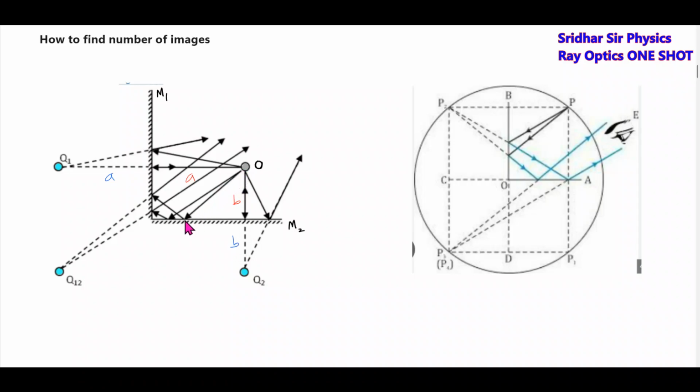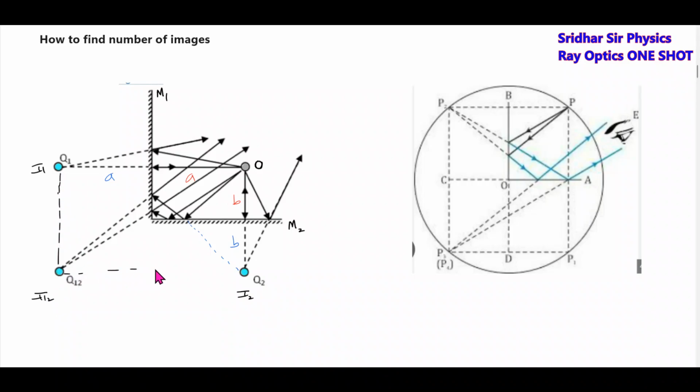First it will strike mirror M2, then it will get deflected from here, then will be incident on mirror M1 and will diverge from this point. So three images will be formed. This is the image I1, this image I2.